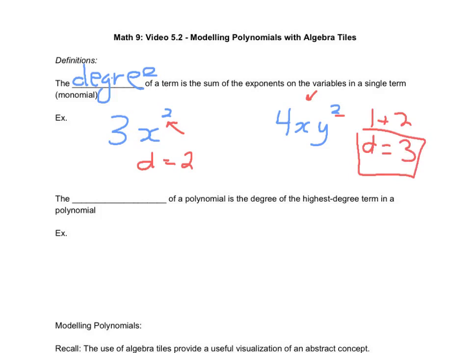Okay, so it gets a little bit more complicated when we look at the degree of a polynomial than just the monomial. So the degree of a polynomial is the degree of the highest degree term in the polynomial.